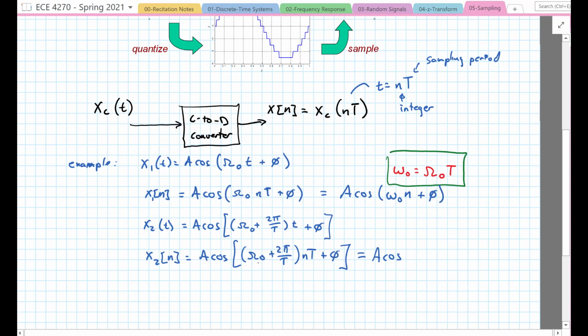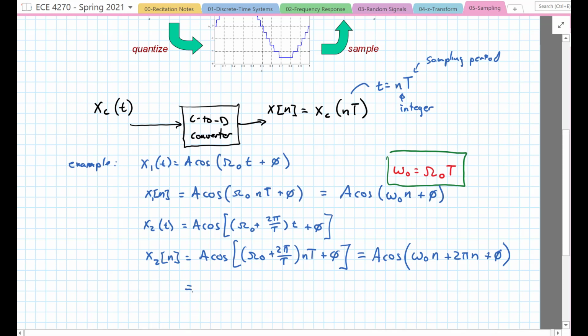We have capital Omega naught times nT, and we can combine the Omega naught and the T to give us a little omega naught times n. And then we have 2 pi over T times nT, so we're going to have plus 2 pi n. And then, of course, the phase is not impacted.